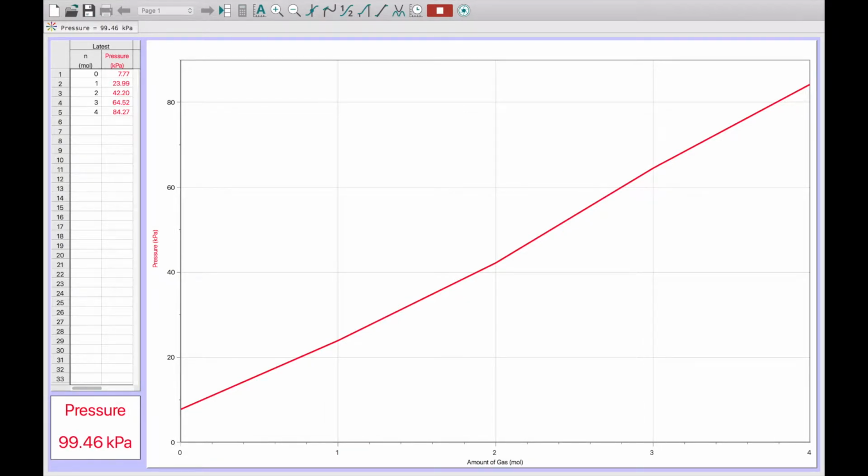And just for grins, let's go ahead and do 5 milliliters of air, 5 milliliters of volume. This should be our atmospheric pressure.